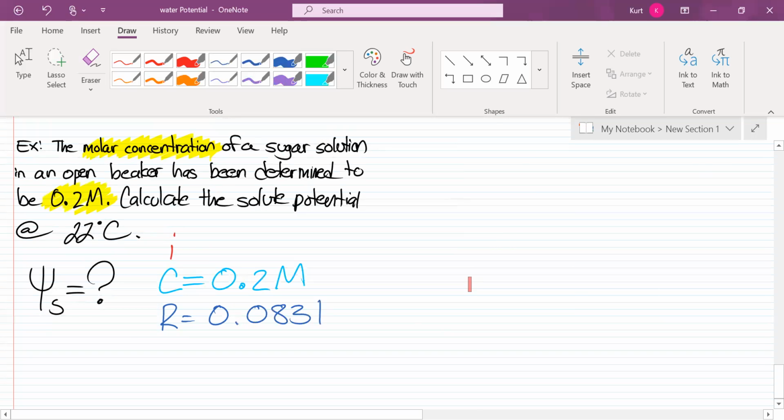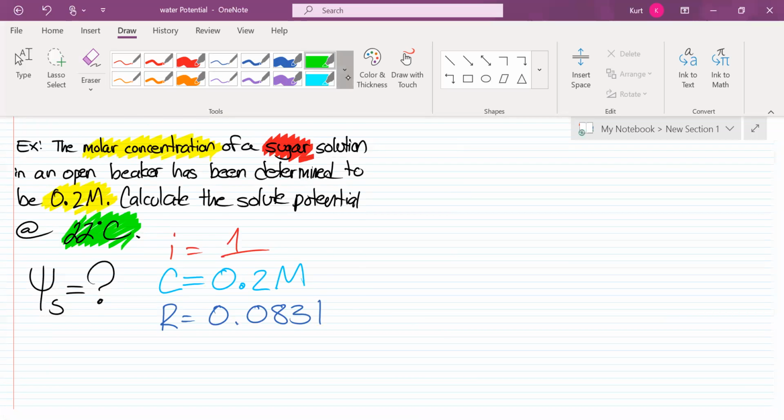The ionization constant, or we have sugar there, it's going to be 1. And then we have the temperature of 22 degrees Celsius. What would that be in Kelvin? 295, because 22 plus 273 is going to be 295.